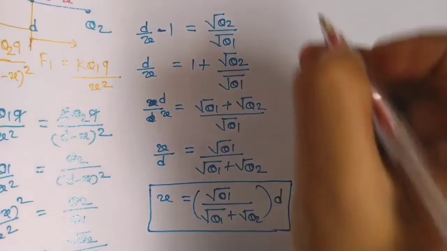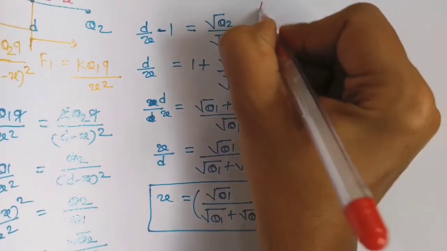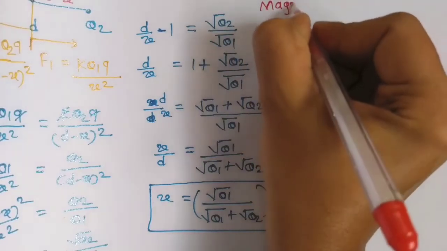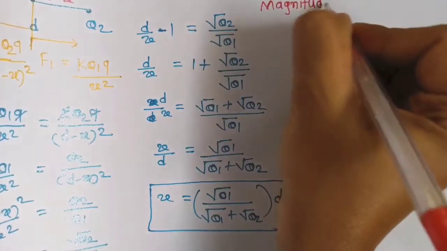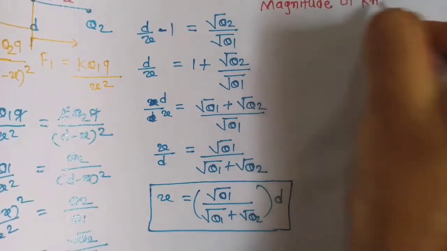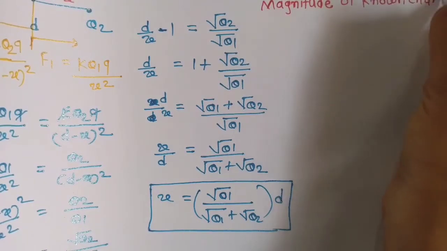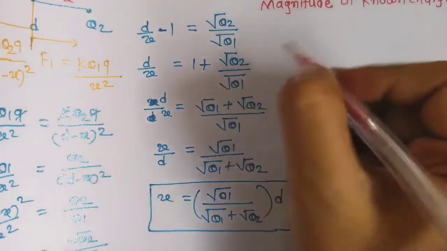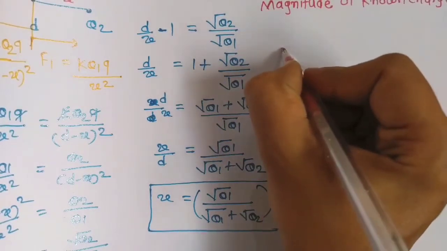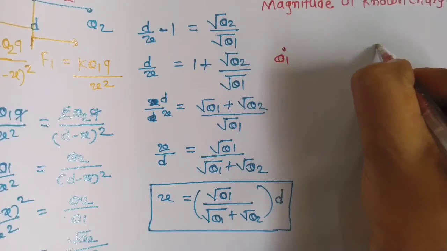Similarly, we have to find the magnitude of the unknown charge. So here we have two charges, this is Q1, this is Q2.